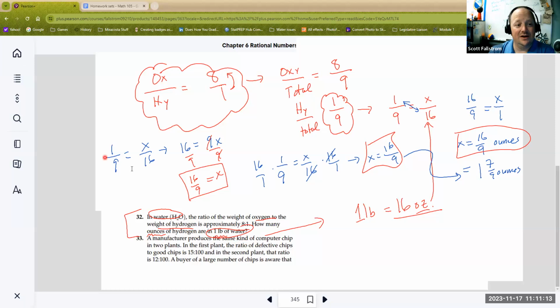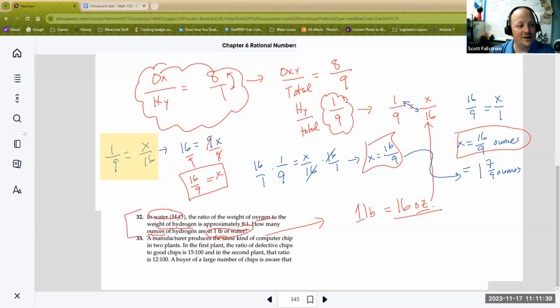And additionally, it gives people the wrong idea of what to do with fractions. They will cross multiply everything, instead of realizing you can only cross multiply when you have a proportion. It has to look exactly like this, and it can only look like this. That's when you can cross multiply. Okay.